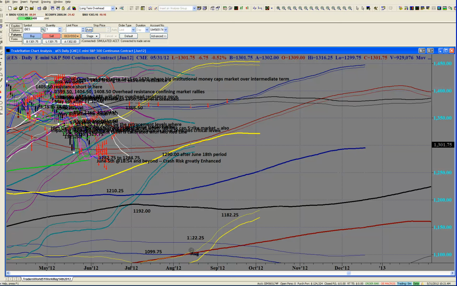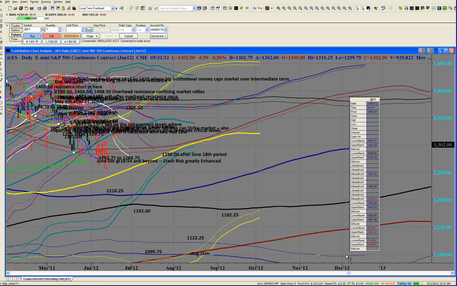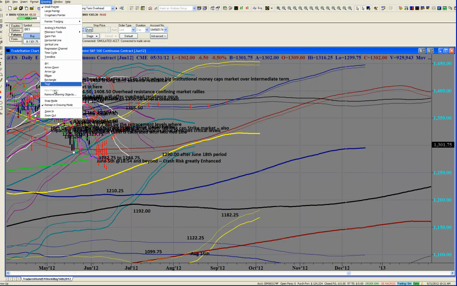But that's something we're going to have to analyze at that period to verify that that is indeed what the market wants to do. Otherwise, you have support going into that 1080 area to 1099.